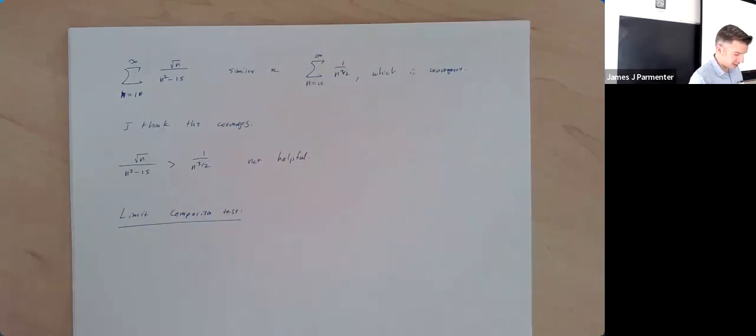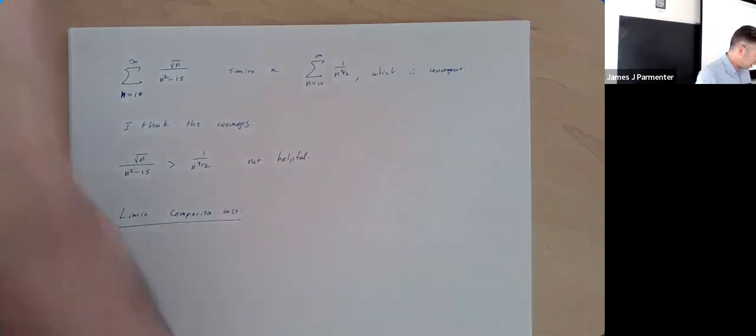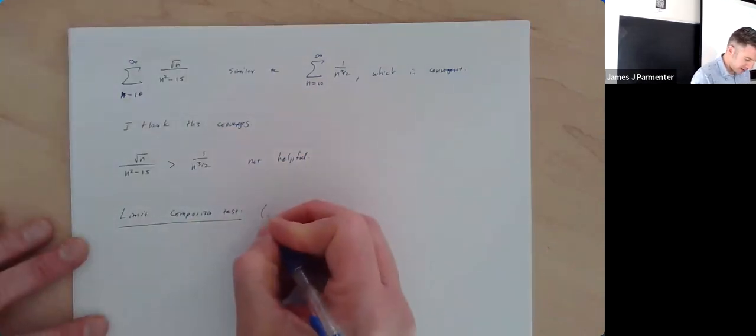So let me actually write down the test before we use it, because I think it's worth writing down. I want to be precise. So here's the limit comparison test, which we often abbreviate as the LCT.